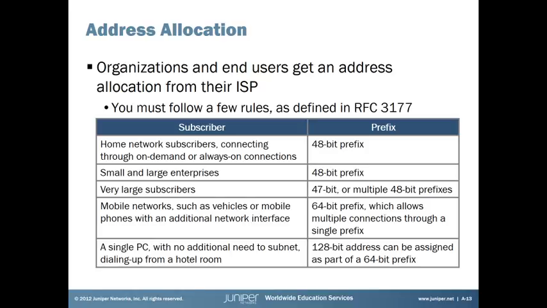So you will have global connectivity. Your block of addresses becomes part of the global internet routing table. Whereas with IPv4, of course, it's private, it's hidden, it's behind the NAT. Whereas with IPv6, you have the ability to have your organization's block registered and become part of the global internet routing table.